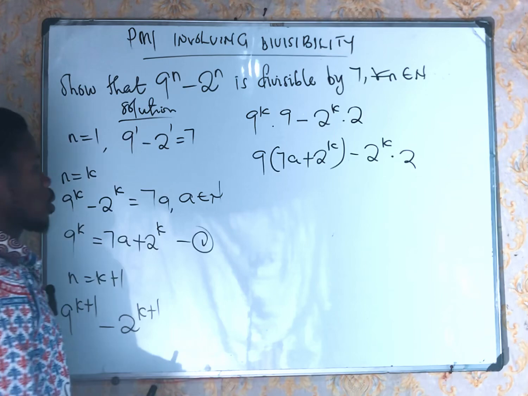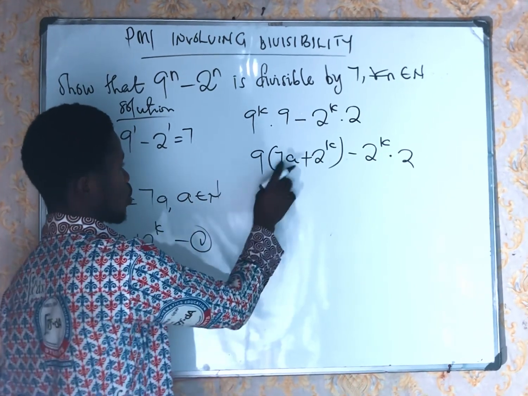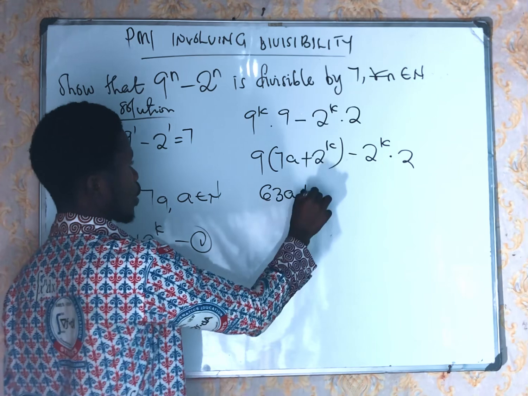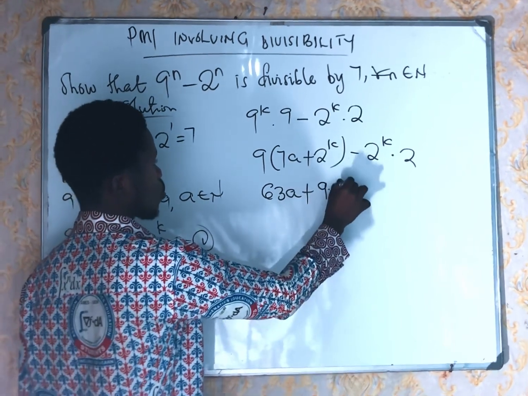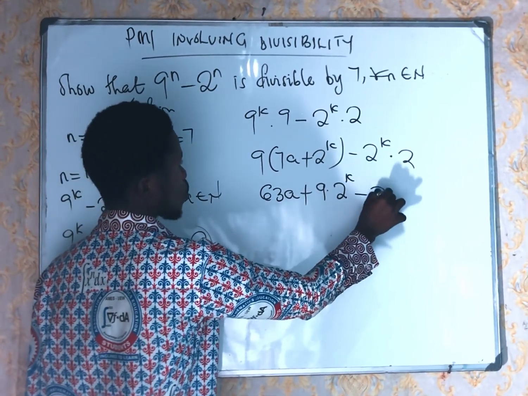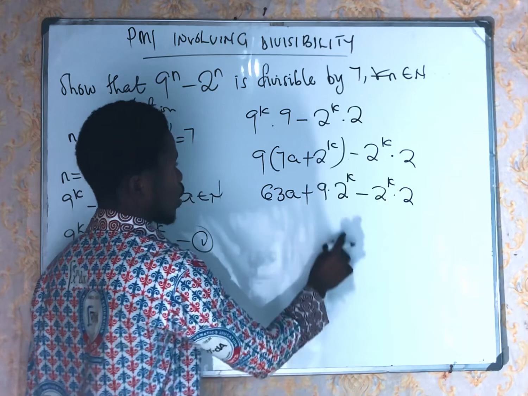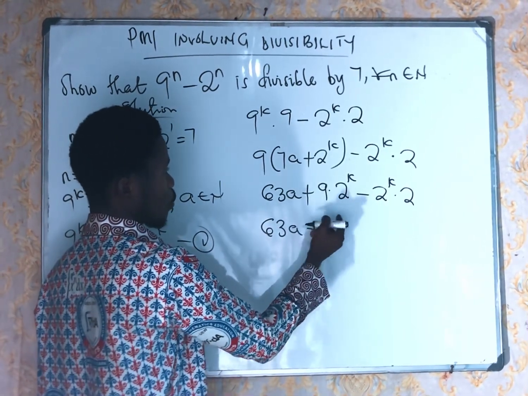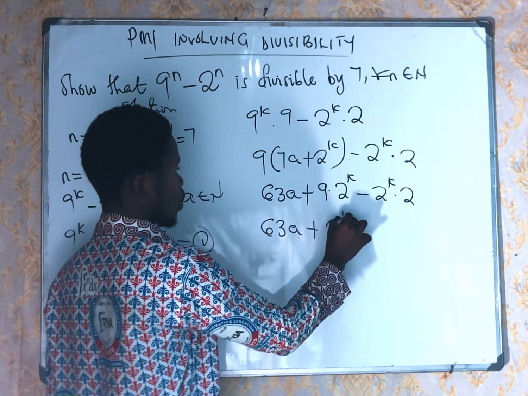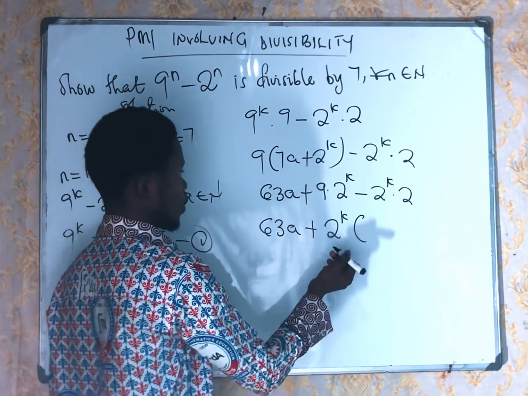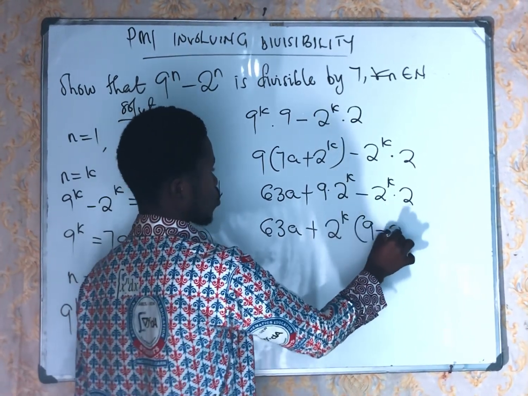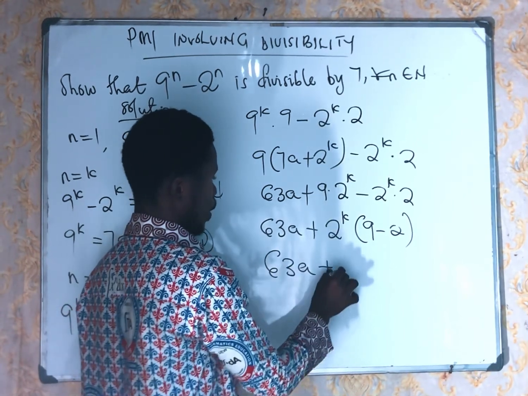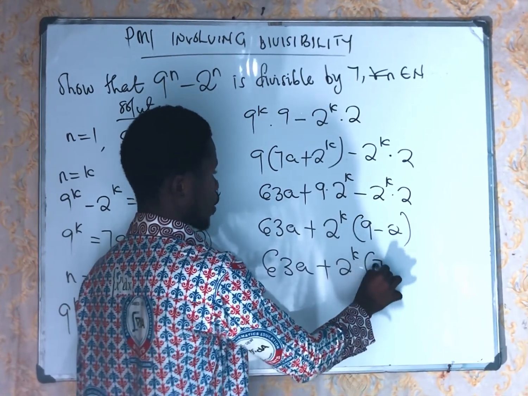Once you get to this place, you multiply through: 9 times 7 is 63. So we have 63a plus 9 times 2 to the power k, minus 2 to the power k multiplied by 2. This and that are like terms, so I can factorize them out. 9 minus 2 is 7. So 63a plus 2 to the power k multiplied by 7.